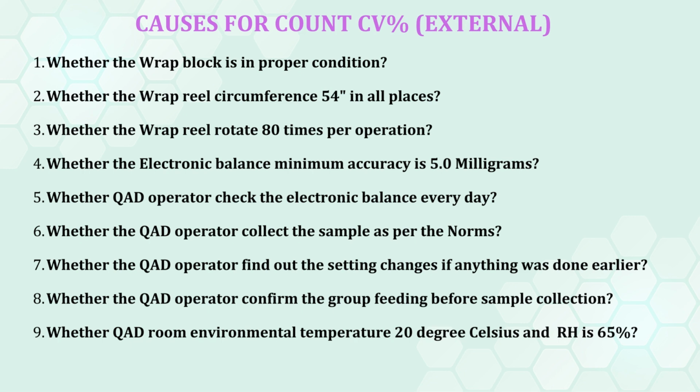Whether the wrap block is in proper condition, whether the wrap circumference is 54 inches in all places, whether the wrap reel rotates 80 times per operation, whether the electronic balance minimum accuracy is 5 milligram, whether QAD operators check the electronic balance every day, whether the QAD operator collects the sample as per the norms, whether the QAD operator finds out the setting changes if anything was done earlier, whether the QAD operator confirms the group feeding before sample collection, whether the QAD room environmental temperature is 20 degrees Celsius and humidity 65%.